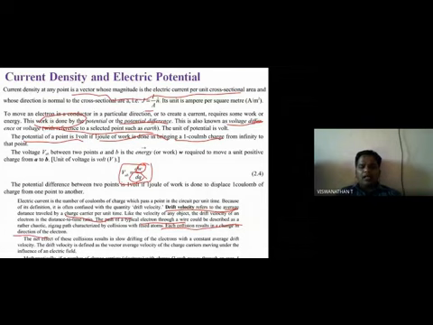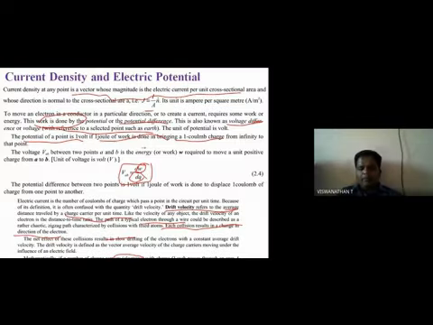That collision may lead to drift. Drift means some movement away from the actual path. We can measure that drift in terms of current, which is N Q v A. N is the number of charges, Q is the charge value, A is the area, and v is the velocity, represented by small v.